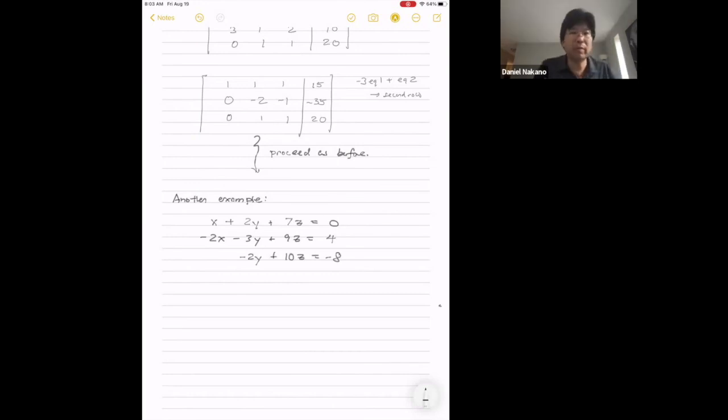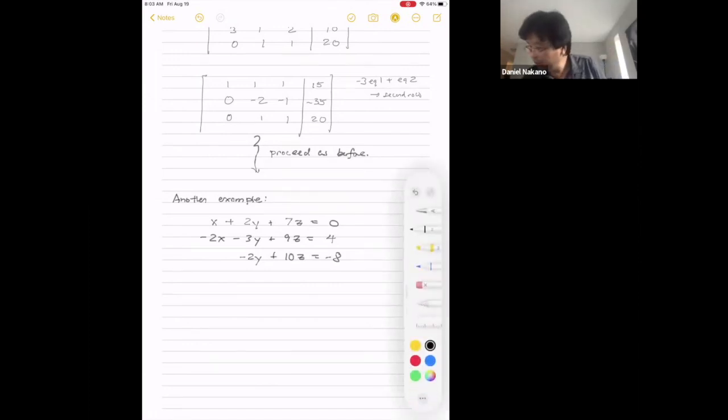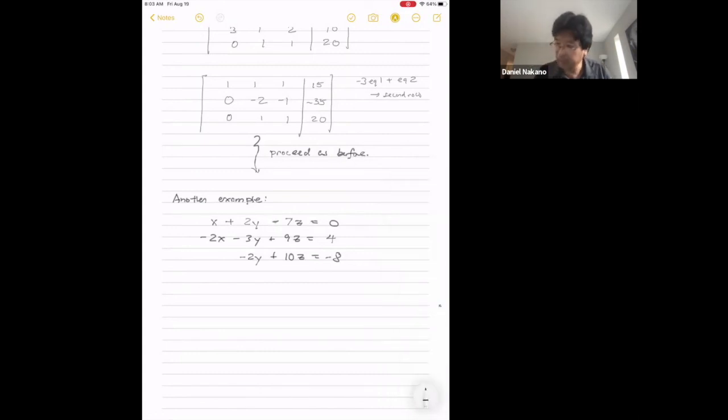Okay, so I have a system of equations like this, and I should be careful because this is a minus here. Let me just make sure it is correct in my notes.